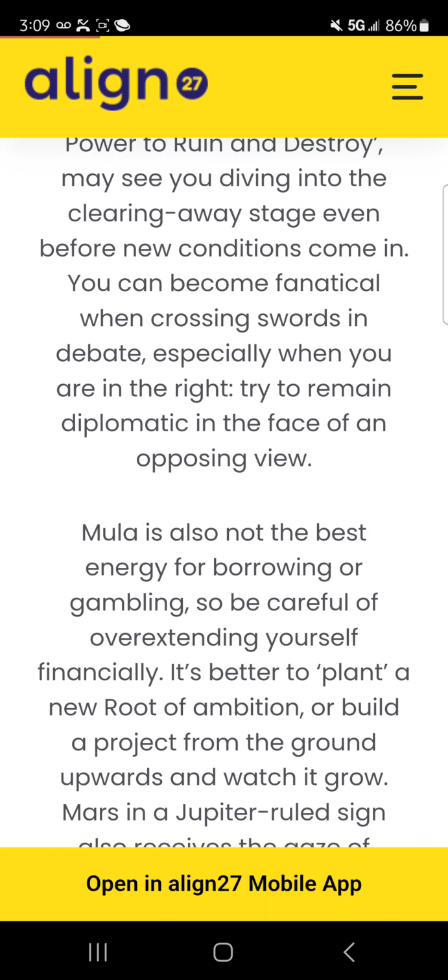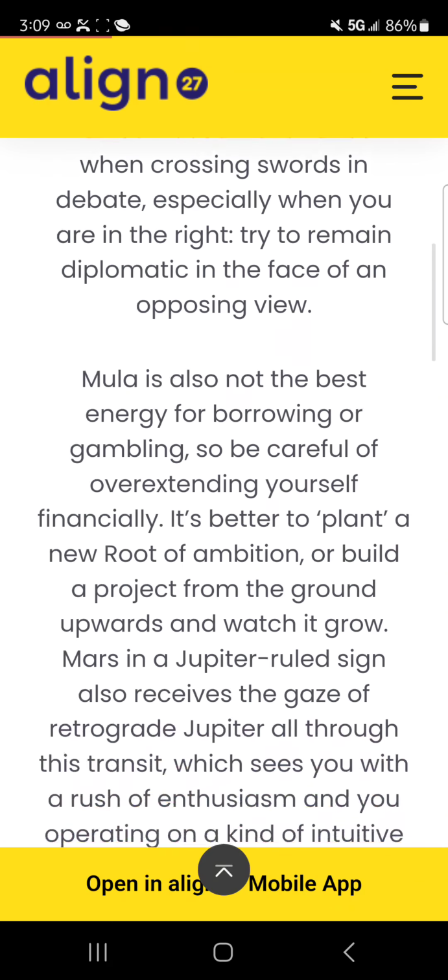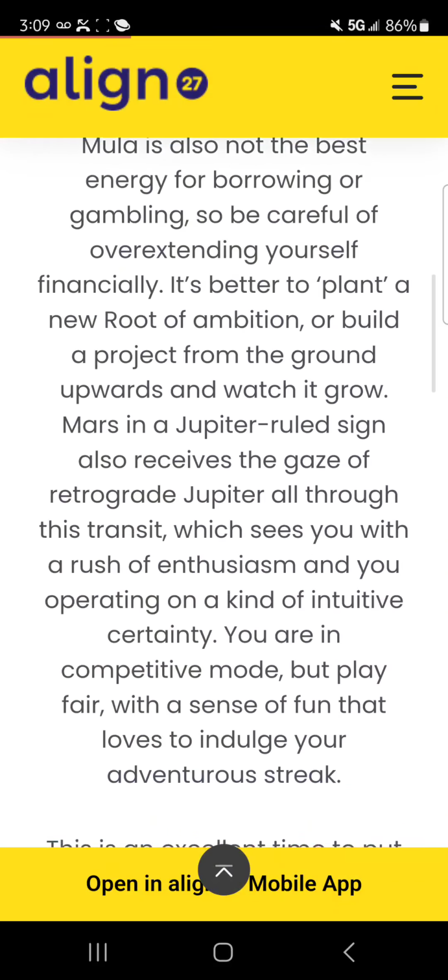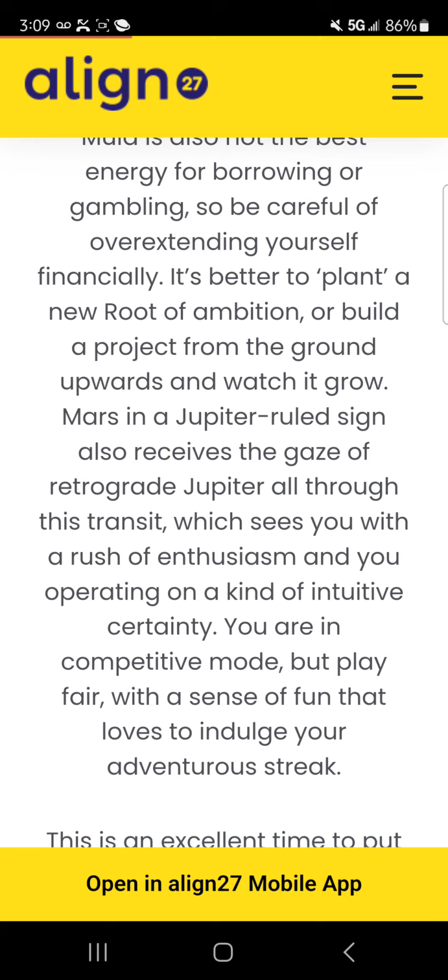With Mars, of course, we've got to be careful with the warlike energy, right? So just control that fiery energy. Here's a recommendation. It's better to plant a new root of ambition or build a project from the ground upwards and watch it grow. Mars is in a Jupiter-ruled sign, and we know Jupiter is the planet of expansion.